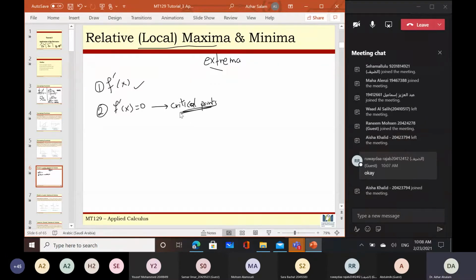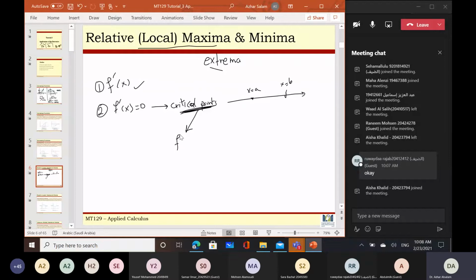Okay, from the critical points, I apply the number line. For example, here I have x equals a and x equals b as critical points.